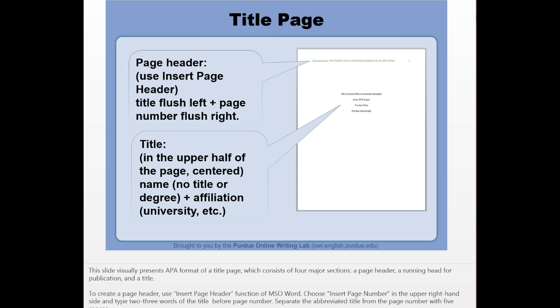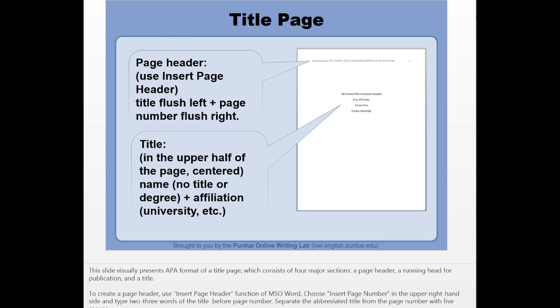There's only really 3 components to the title page. The top is the header. Again, the header is in the left upper portion of it. You use header in your format. So when you set up the paper in the word processor, you're going to insert a header, and you do want that header that's on page 1 to be different from the header that's throughout the entire paper.